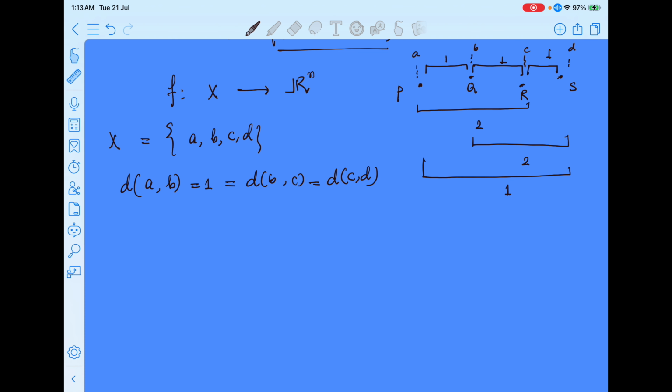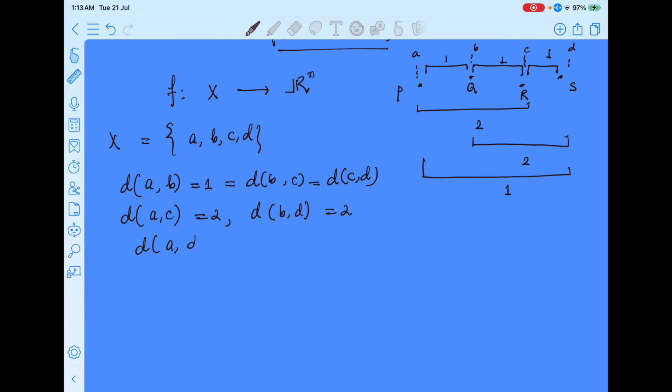A, B, B, C, C, D. d(A,C) has to be 2. d(B,D) has to be 2.